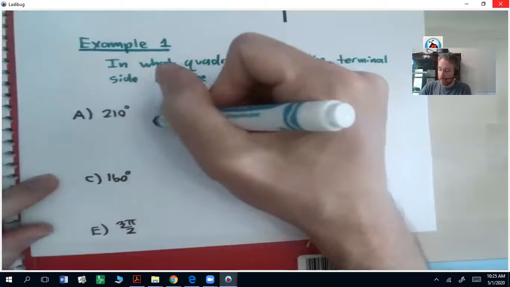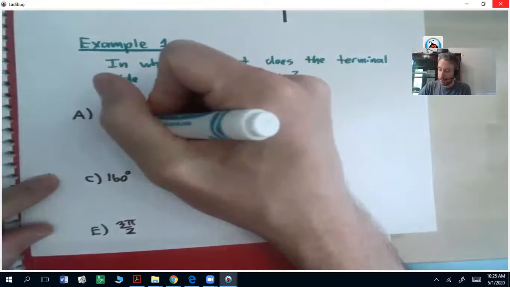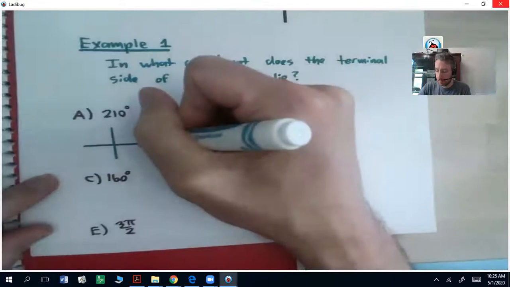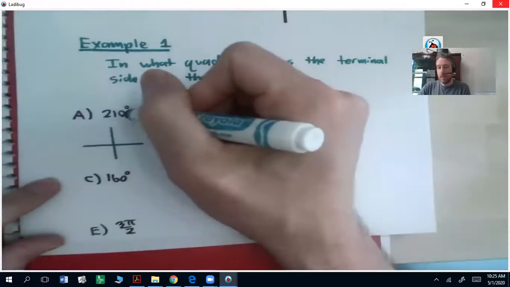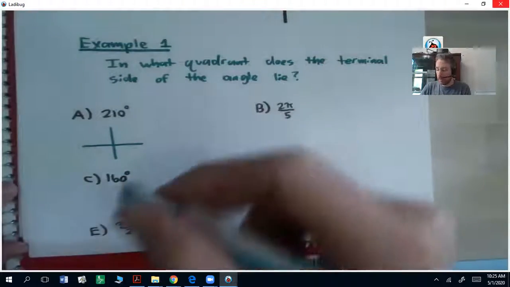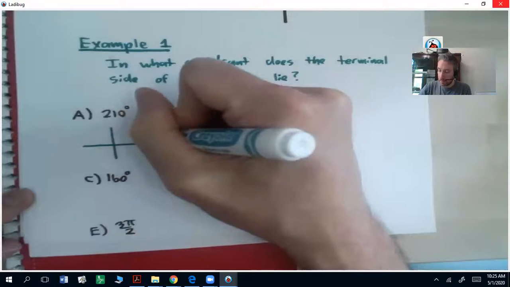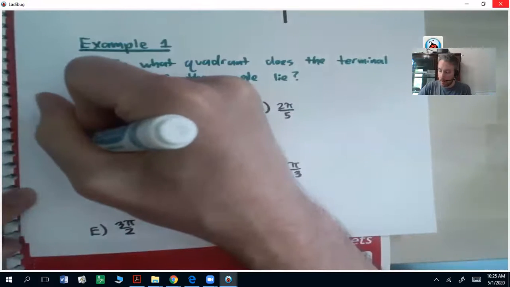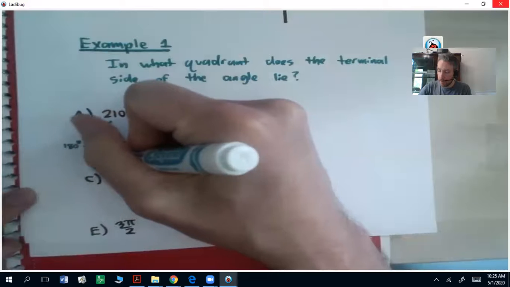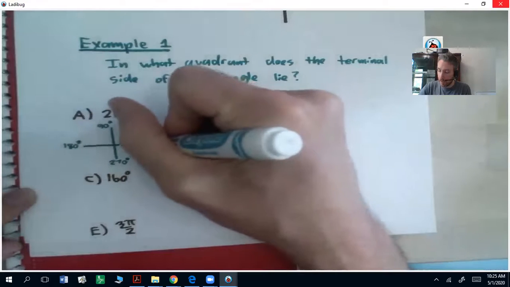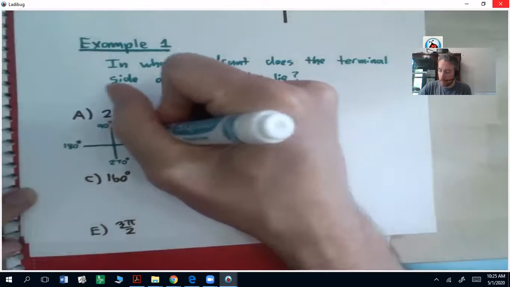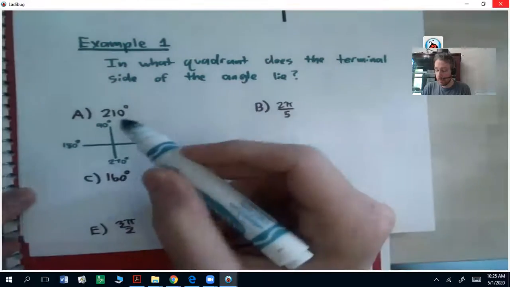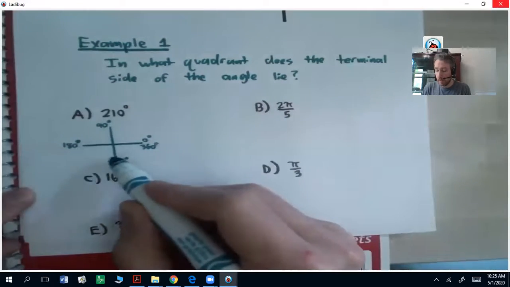What I would do on this is just make an XY axis. And I want you to think about the degrees going around the unit circle. This would be 0 degrees, 90, 180, 270, and then we wrap it up at 360. So going all the way around, it's going to be 360. So 210 degrees is going to fall between 180 and 270.